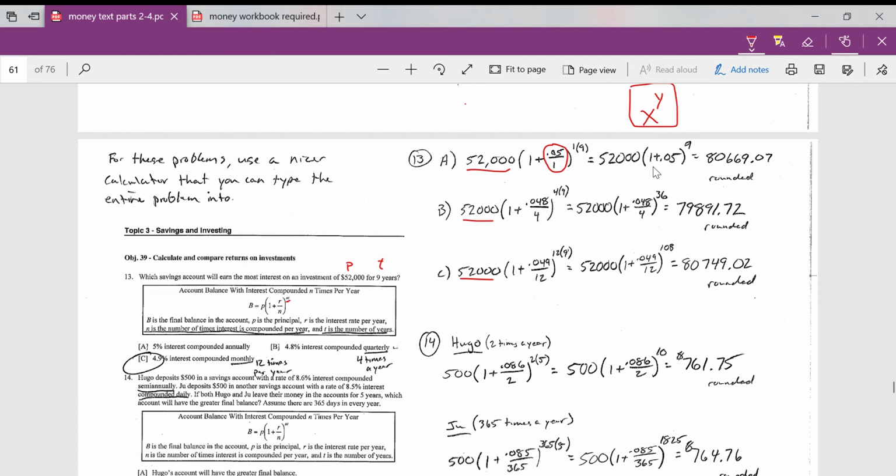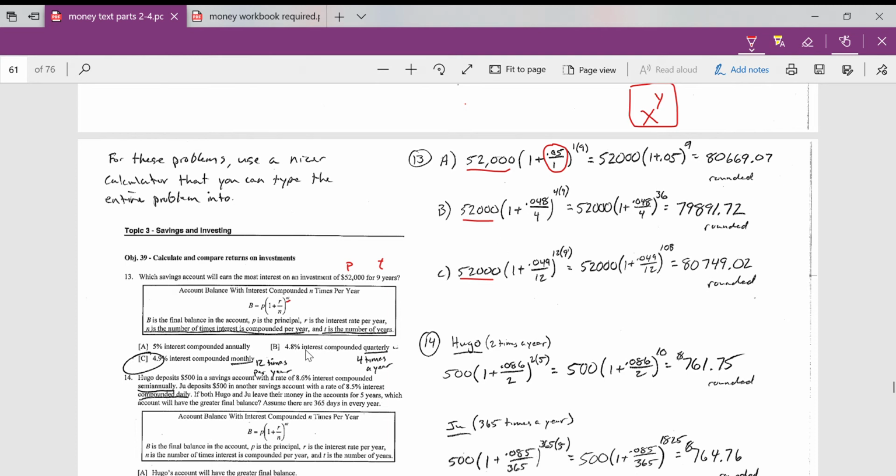So you'd have 1.05, hit that button, hit 9. Then just leave that number in your calculator, hit times 52,000. This would be your balance for letter A after those 9 years.